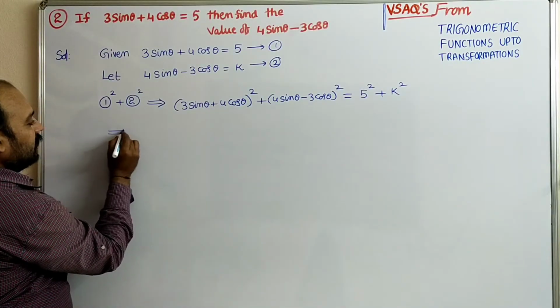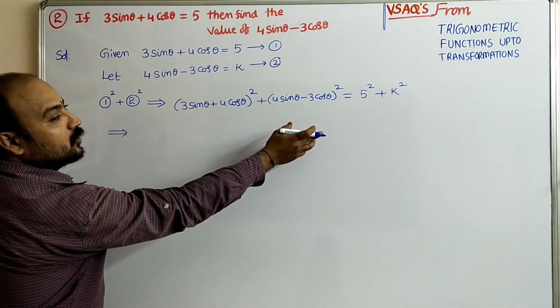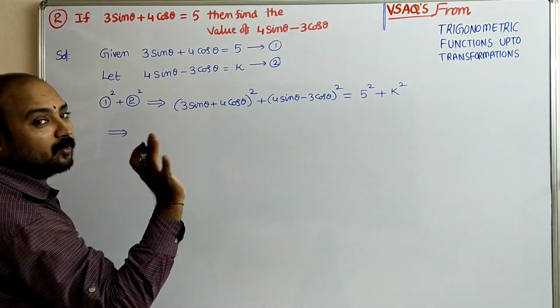Now expanding: here a plus b whole square, here a minus b whole square, but a and b are not equal here.